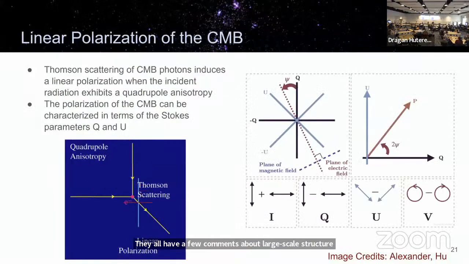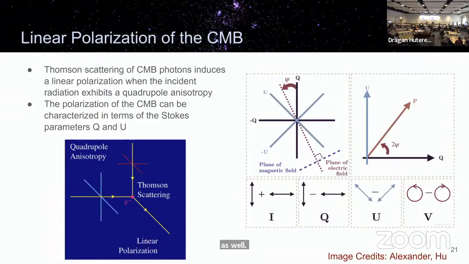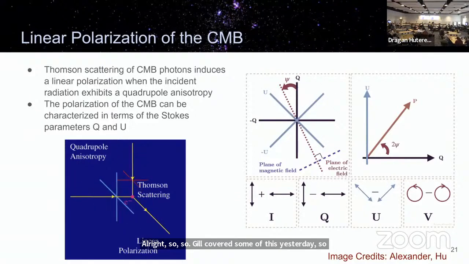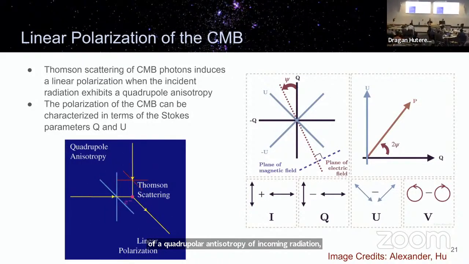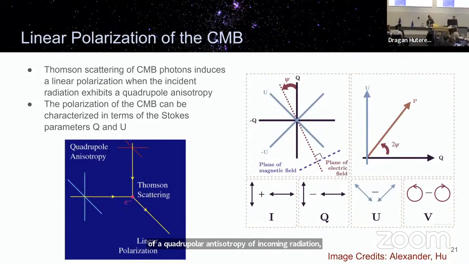All right, so Gil covered some of this yesterday, so I'll be fairly brief on this statement. But the CMB is linearly polarized, and the basic idea is that Thomson scattering in the presence of a quadrupolar anisotropy of incoming radiation produces linear polarization. So there's a little cartoon here from Wayne Hu that shows how this works.